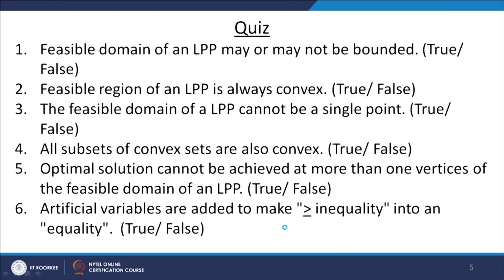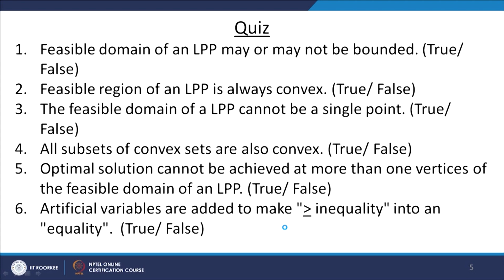So, now here comes the quiz, which is based on the entire syllabus that we have learnt in module 1. I will be giving you some time to find out the answer to this short answer quiz.